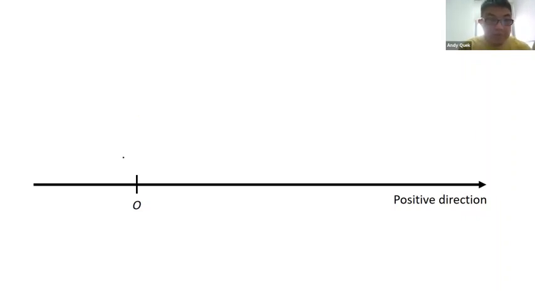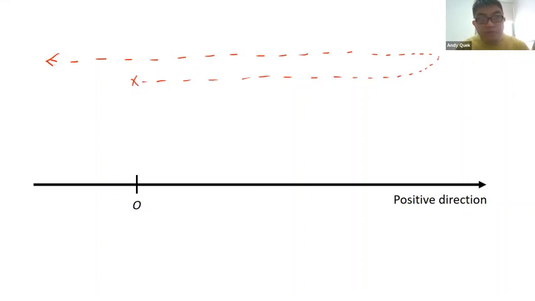Okay, so for example, if I have a particle, so let's say the particle is moving from this origin and it goes somewhere to the right, slows down and stops, and then it moves backwards this way. What can we say? Okay, so first of all, we can talk about the displacement. So from here to there, the first leg of its motion, we can say that the displacement is positive.